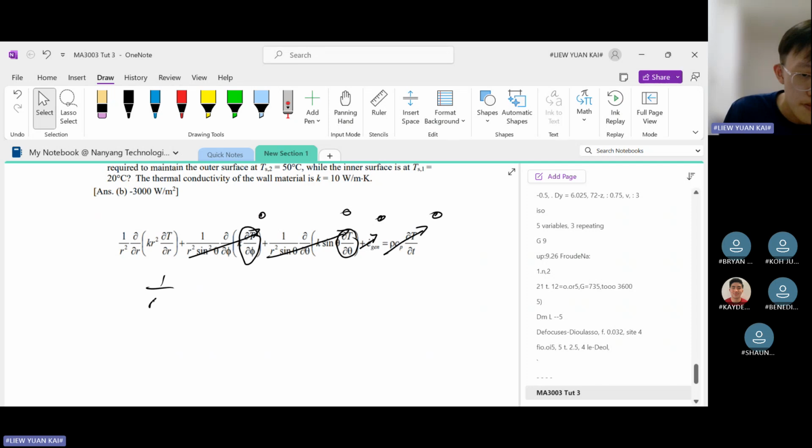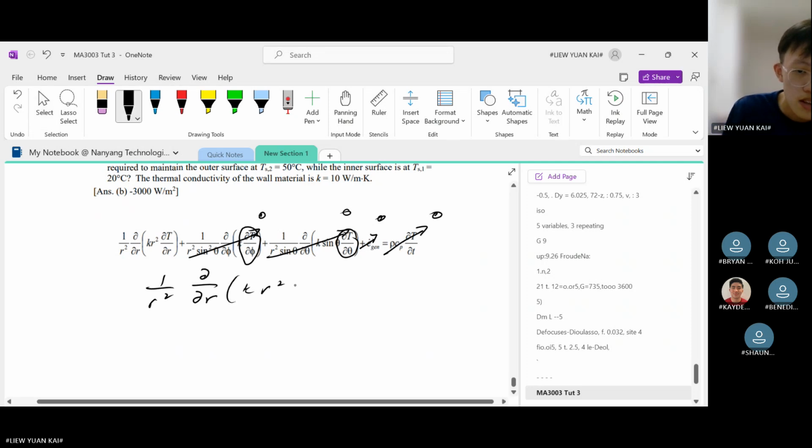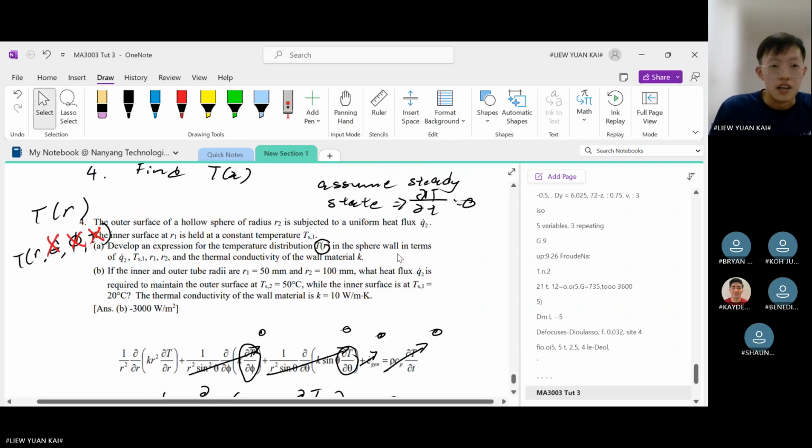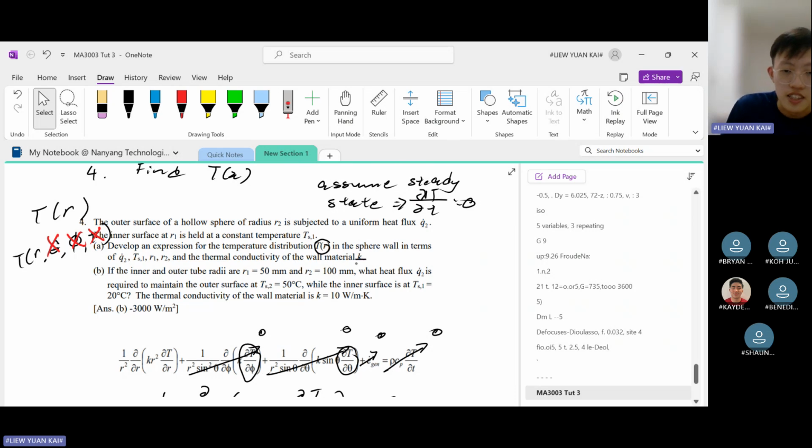So what's left is the first term equals 0. Another thing we're going to assume is k is constant.